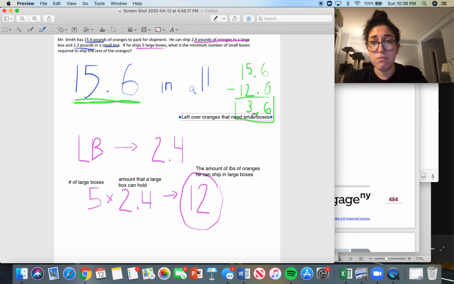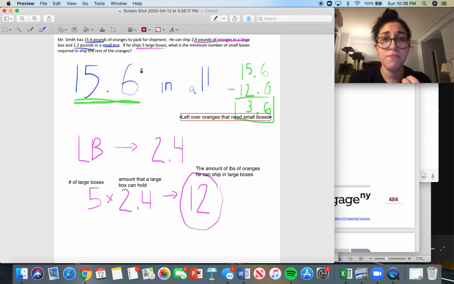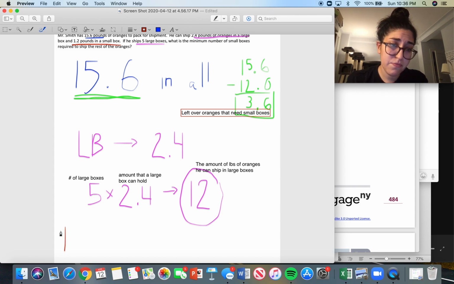And so now I need to remember, how much can a small box hold? It says that a small box can hold 1.2 pounds. So if I had one SB for small box, that would be 1.2 pounds.